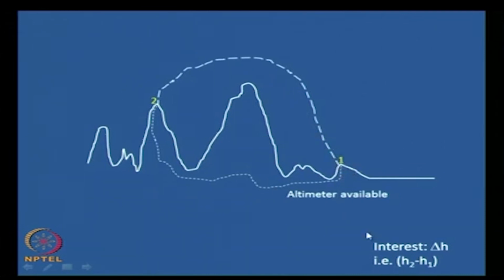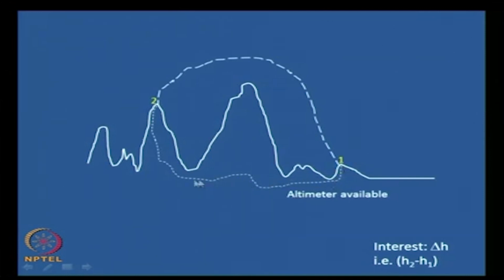If our interest is in finding out the difference in heights between point 1 and point 2, which is indicated by delta H, H2 minus H1, we know that an altimeter gives us heights. So all we need to do is measure the height here with the altimeter, go through the path and measure the height here.